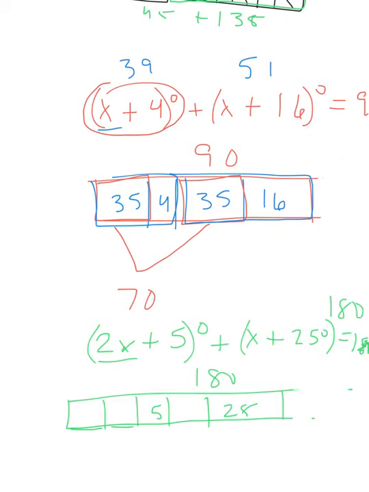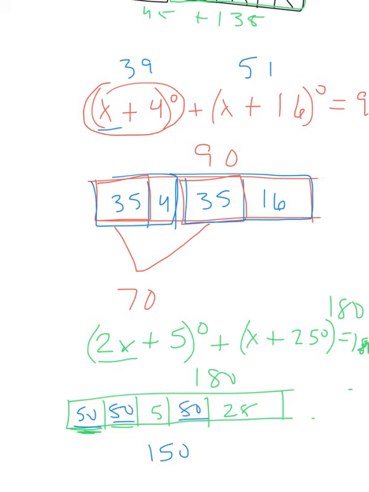If I took 5 plus 25, that's 30. So 30 plus what is 180? Wouldn't that be 150? So this bar plus this bar plus this bar gives me a value of 150. So each bar must be 50, because all the bars are the same size.